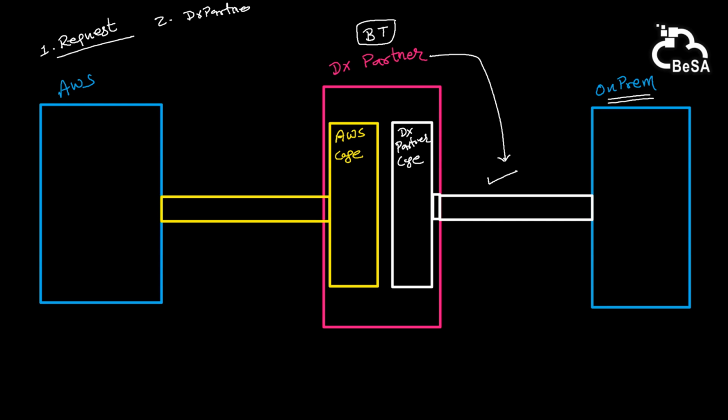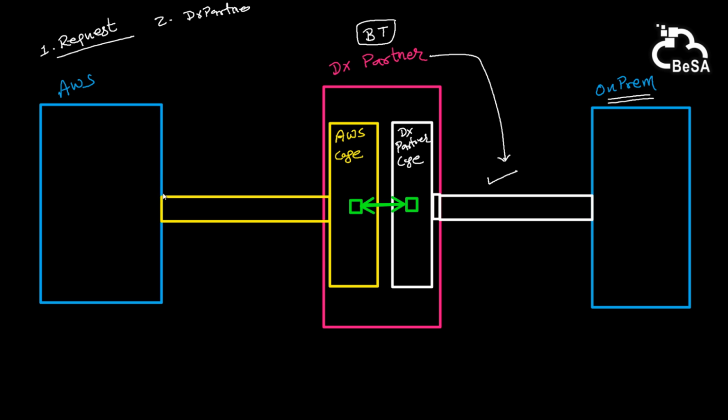Once this physical connectivity is ready, we would allow communication from this rack to the AWS rack, and now these two ports are physically connected. Basically, it is like a link which we establish from our networking rack up to the DX partner rack, in which your connections are terminating.